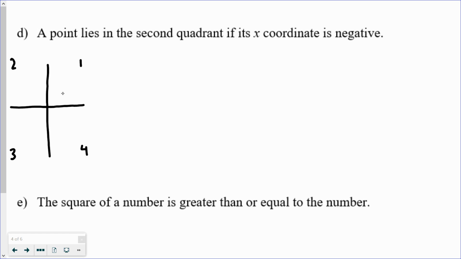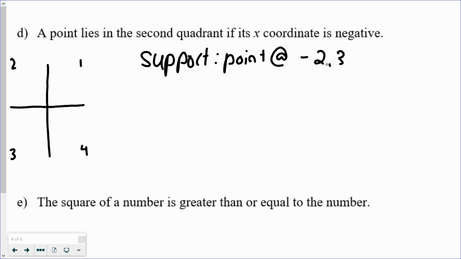So a supporting one would be a point at negative 2 and 3. So negative 2, positive 3. So that supports the conjecture because its x-coordinate is negative, it's in quadrant 2.